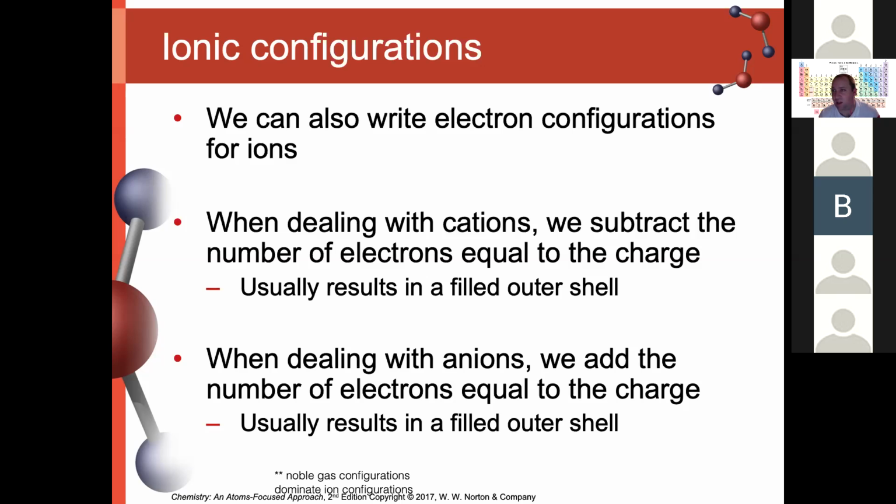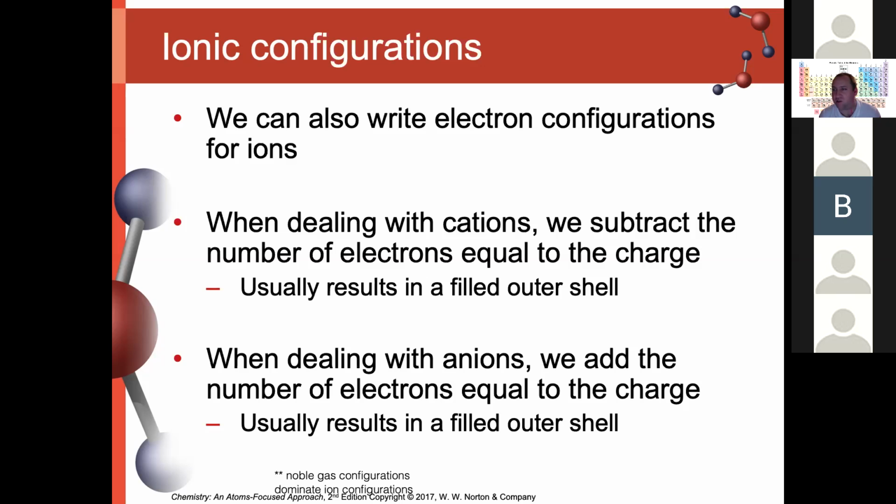Same thing with anions. Anions we're going to see primarily in that nonmetal block, and we're just going to add those electrons on. And so that usually will end up with us in a noble gas configuration as well. So take fluorine, for example.